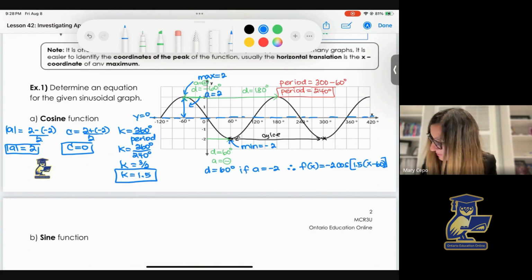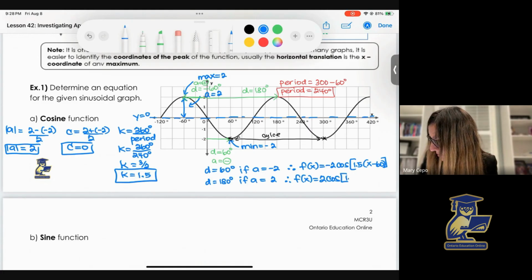Okay, so therefore we can also say if d is equal to, say, 180, if a is positive 2, therefore we would have f of x is equal to positive 2 cos, k is still 1.5, x minus 180 degrees.